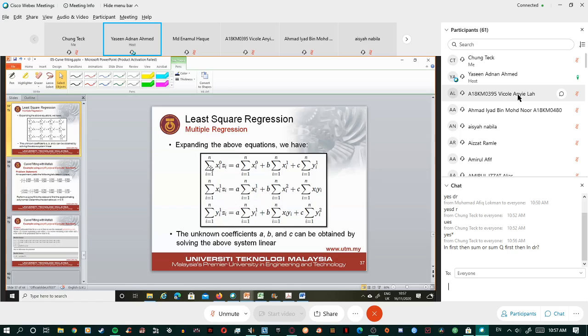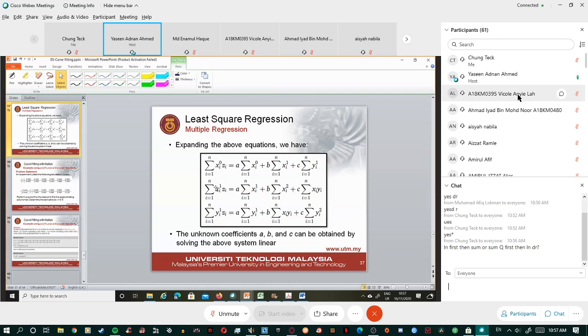So in this case, the first element is this one, the right hand side actually should be summation of x i to the power 0 means 1, then summation of zi. So this part is summation of zi, a multiplied by n. N is number of points, b multiplied by x, plus c multiplied by summation of y. You can write it down, okay? If it looks complicated, just write it down.